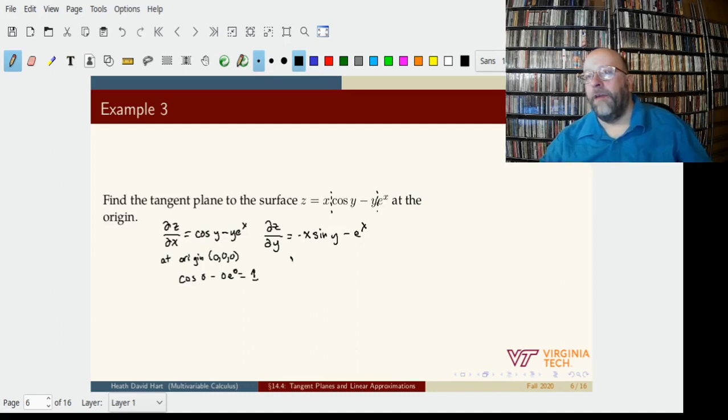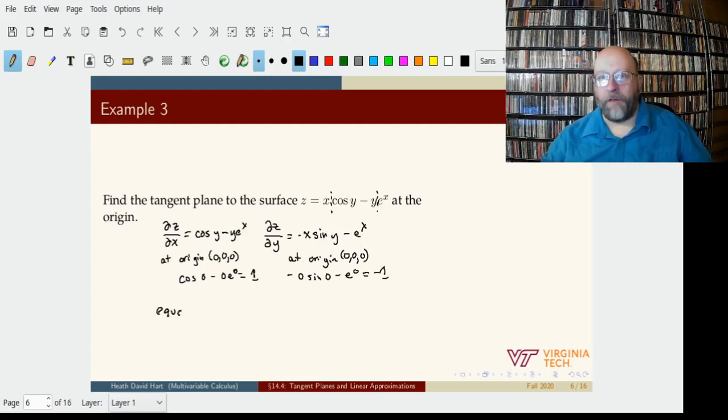This is at the origin. Negative 0 sine 0 minus e to the 0. Well, this term is 0, and e to the 0 is 1, but we're subtracting it, so this is going to be negative 1. And so now we have an equation, almost: z equals 1 times x plus negative 1 times y, x minus y plus b.